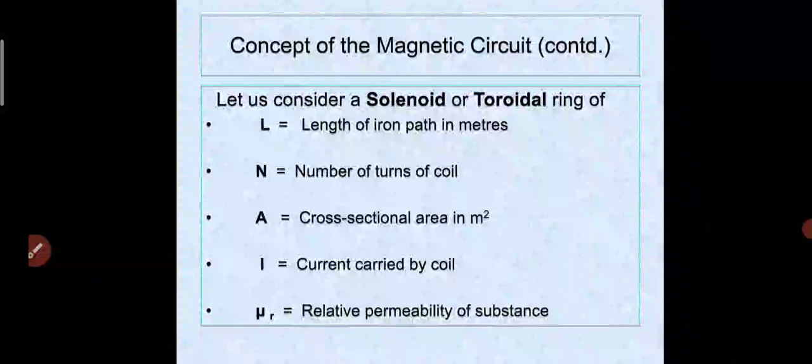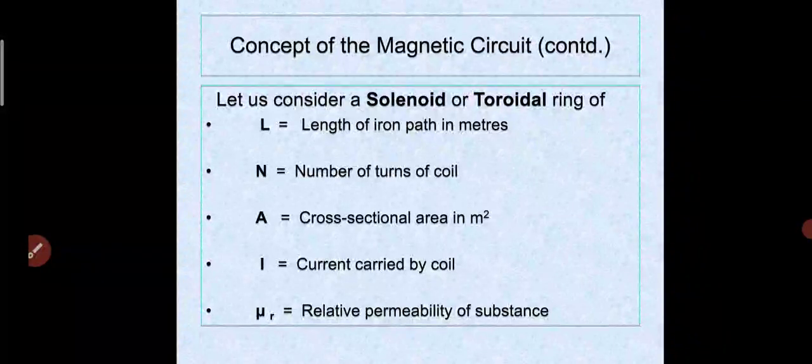Let us consider a solenoid or toroidal ring.